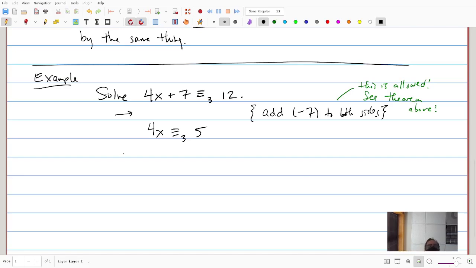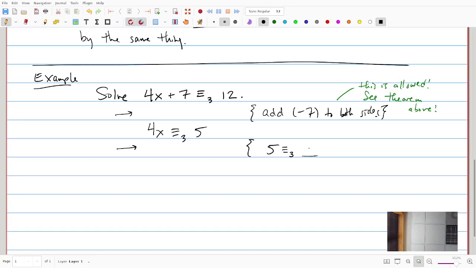Here's something I can say. If I asked you, 5 is equivalent modulo 3 to what? What would you put there? Is there something simpler that 5 is equivalent to? 2?